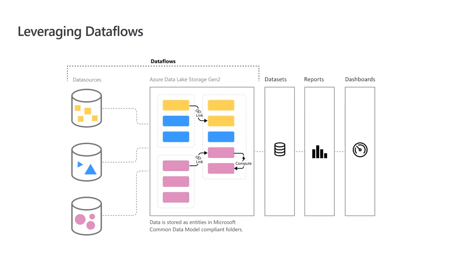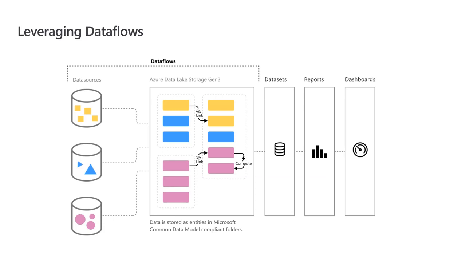Where data flows come in is they allow you to have a predefined data source that you're going to pull in as your data set. Data flows come from external sources just like data sets, but they allow you to do some pre-processing on them. So rather than having to do that work on each Power BI report or dashboard you're going to build, you can do that once in the data flow and then bring the data flow in as your data set. Then your report and dashboard is based off that data flow, and you're not having to redo some of the prep work over and over again.